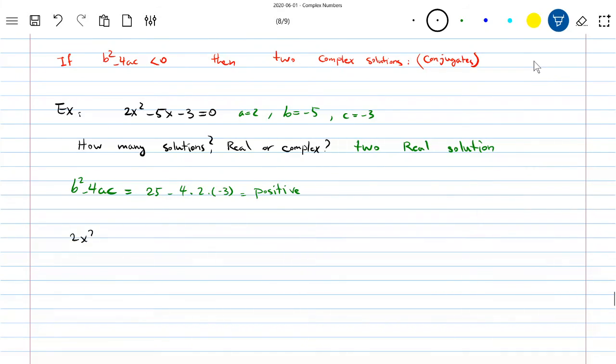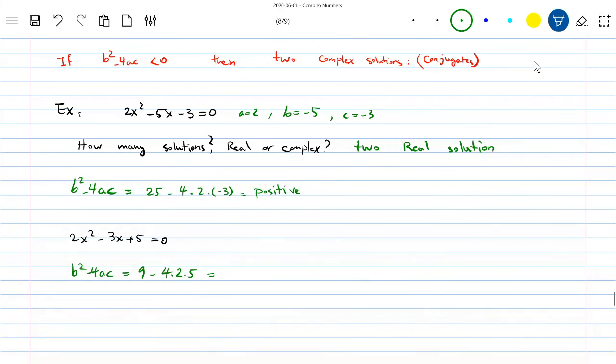I'm going to do 2x squared minus 3x plus 5 equal to 0. Again, you can find the discriminant, b squared minus 4ac, which is 9 minus 4 times 2 times 5.